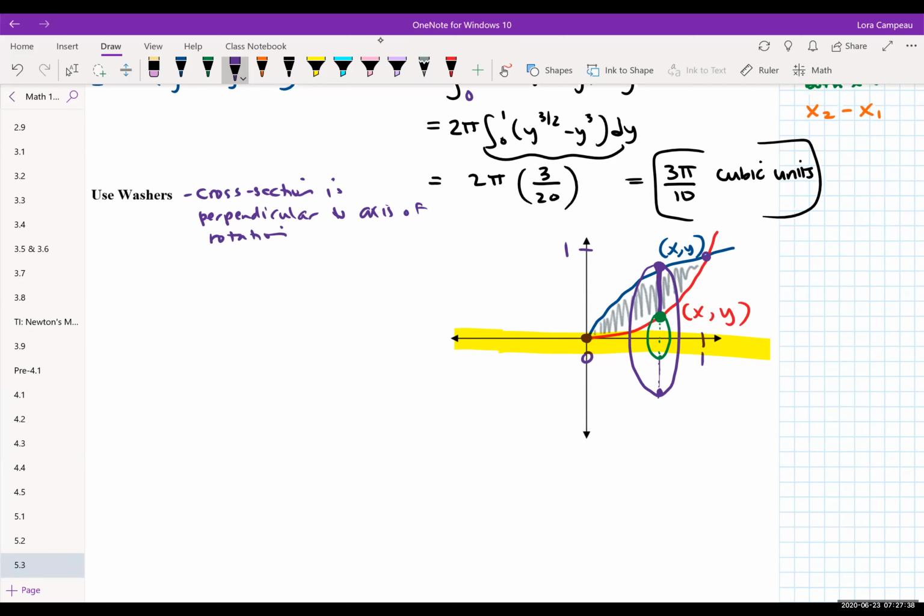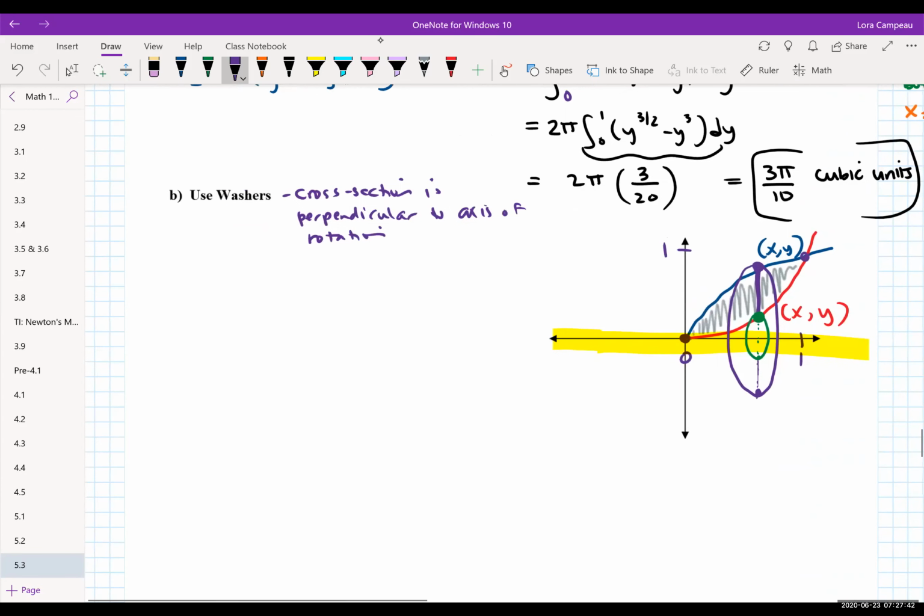Now, this gives us an idea. We know that if we are using washers, we have the volume of 1. That's equal to pi uppercase R squared minus lowercase r squared times thickness. And we also have an idea, the way things are set up, it looks like the radius of the smaller circle is lowercase r.